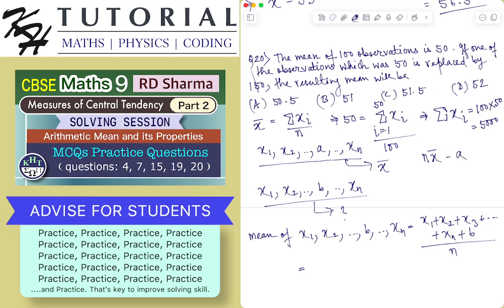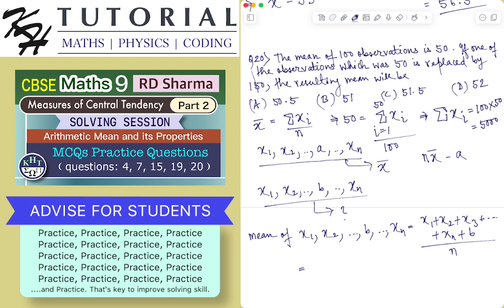Now b has been added, replacing one of the observations. Replacing 50 by 150 means first 50 is removed and then I am adding 150.